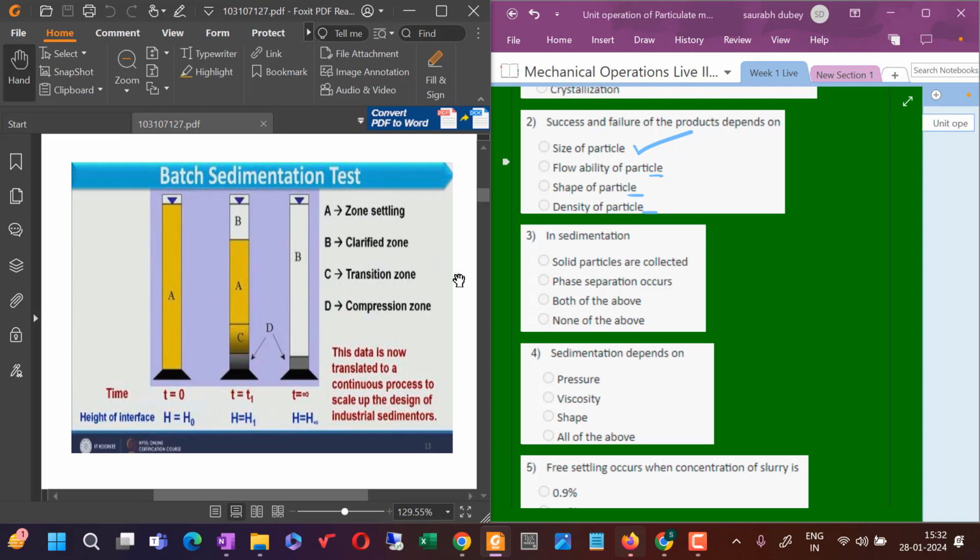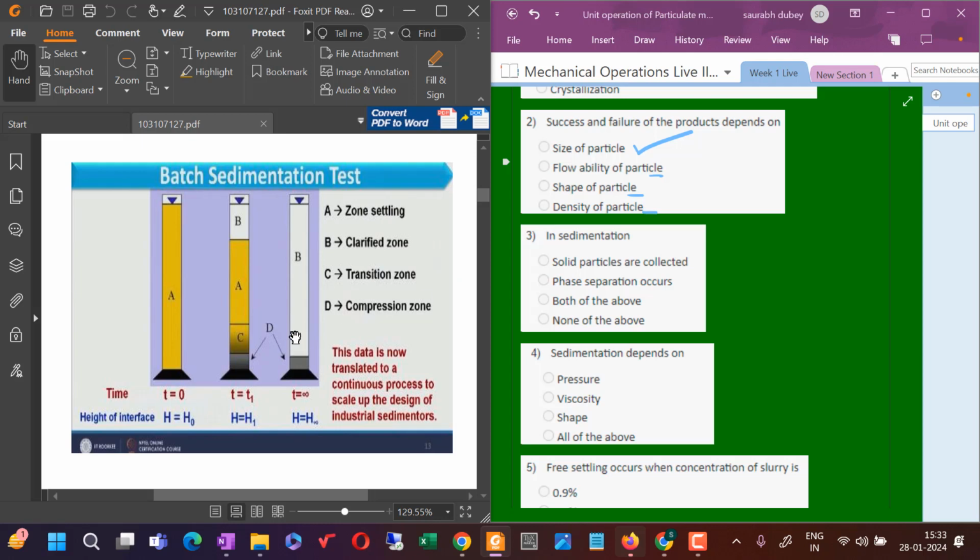So these zones will be there. These zones are nothing but phase separated states, and these phase separated states are actually involving the entire process and the mechanism of the separation, that is the final need and the final product.